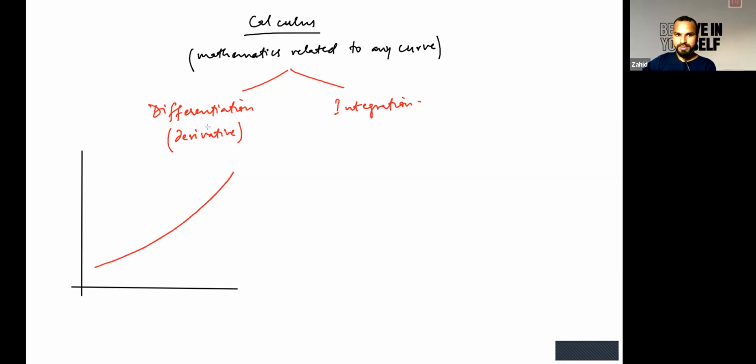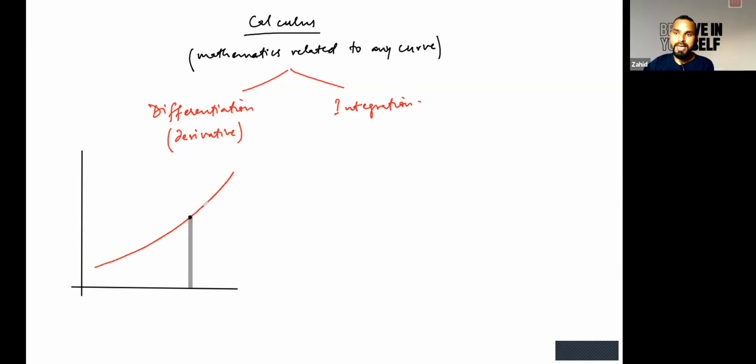Differentiation simply tells you to break this particular curve into infinitely small strips, like this, in which the width of the strip is so small that it tends to zero. It means this width defines nothing but a single point.